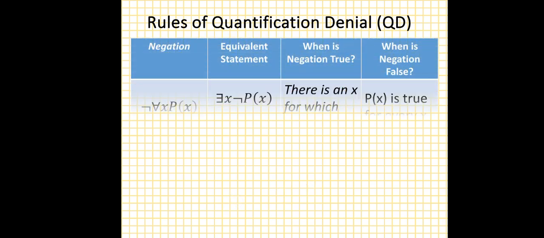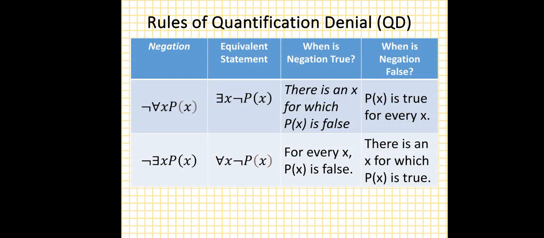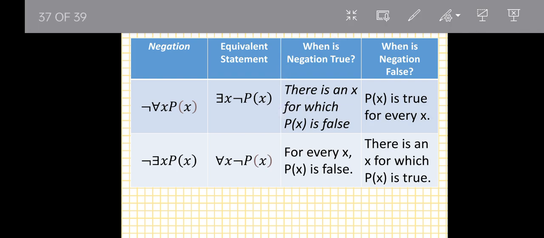So, all in all, to know whether the negation of our quantification is true or false, you have this simple table that would summarize our truth values. For all X, P of X, its equivalent statement is there exists X, negation of P of X. When is this negation true? When we have an X for which P of X is false.